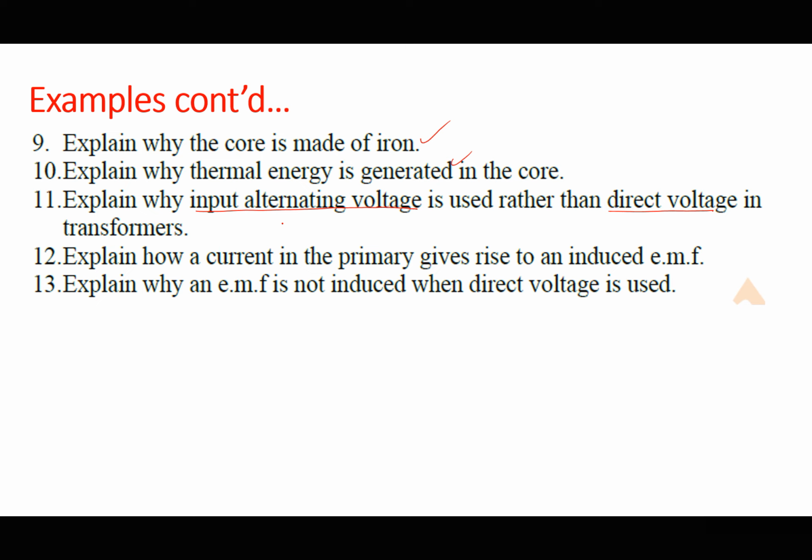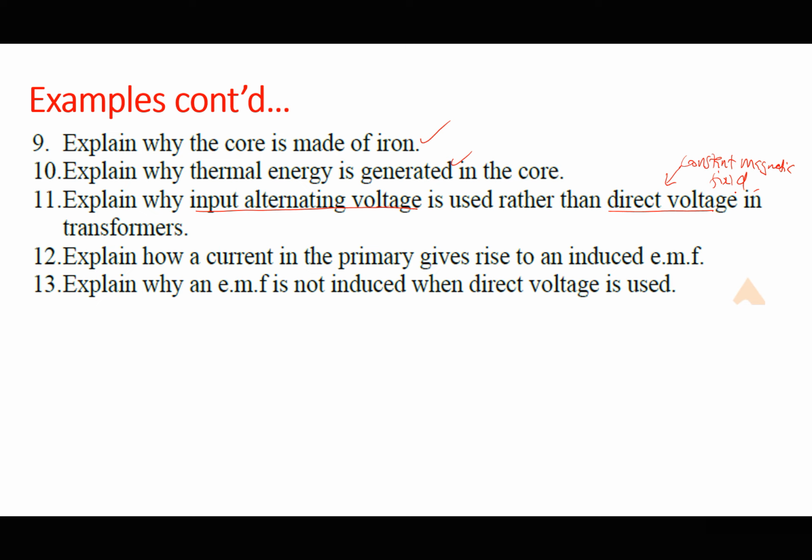But what is very important about the alternating current being used in transformers is that transformers only work with alternating current, since direct voltages produce a constant magnetic field. Direct voltage produces a constant magnetic field, and according to Faraday's law, a constant magnetic field cannot induce a current or cannot induce an EMF.